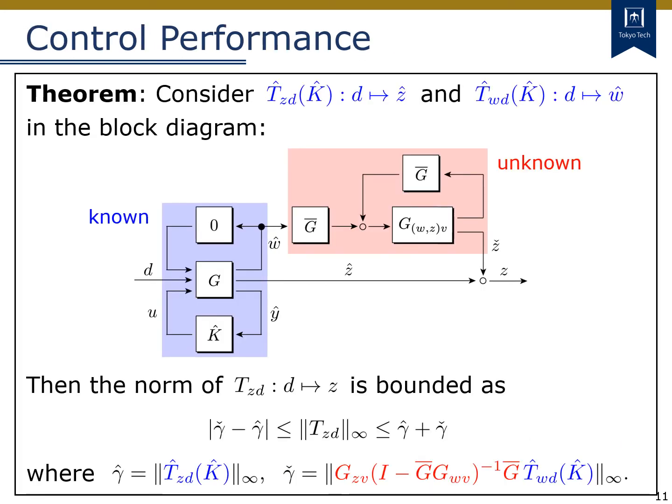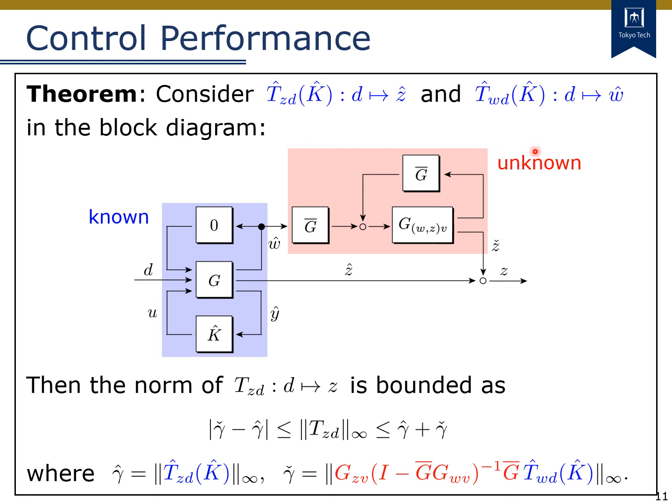In this frequency domain representation, the resultant control performance can also be compactly written. Consider the transfer matrices from D to Z hat and from D to W hat in this blue system, which are denoted by T hat ZD and T hat WD here.